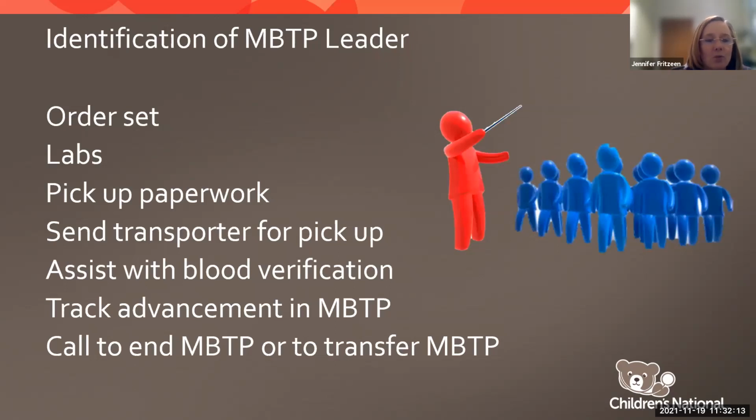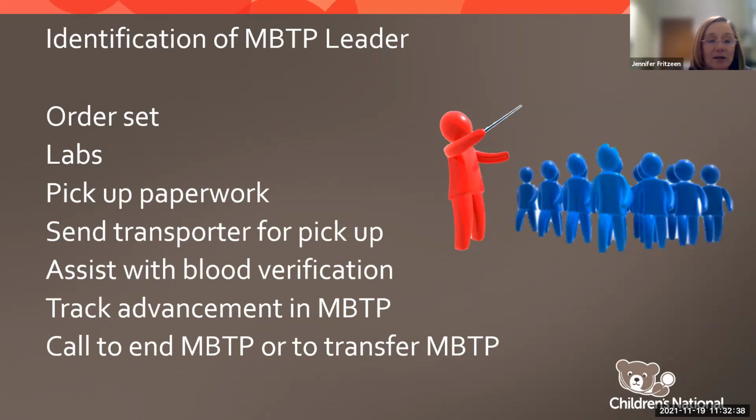Now, we've learned that when you launch a massive blood transfusion, one of the secrets to success is identifying who is going to be the MBTP leader, who is going to make sure that they're the conductor over the orchestra. So this is the person that knows about the order set that's in Cerner. There is a massive blood transfusion order set. You're going to pull that up and you're going to launch that order set.